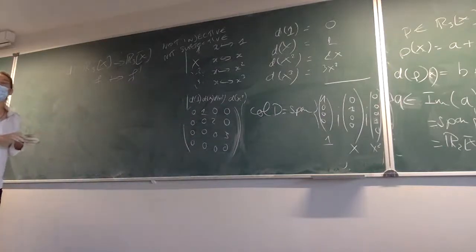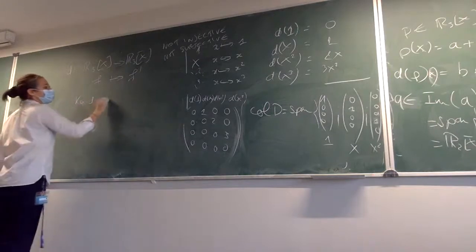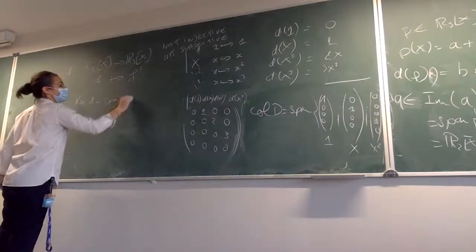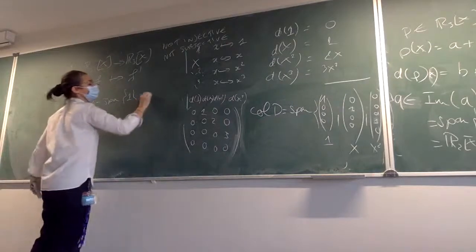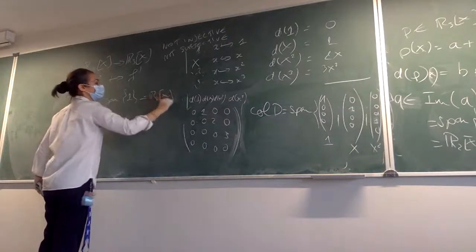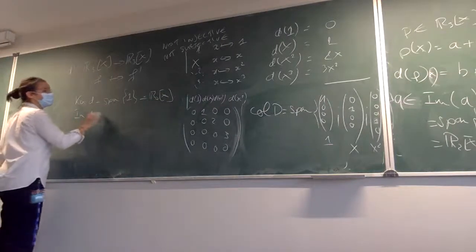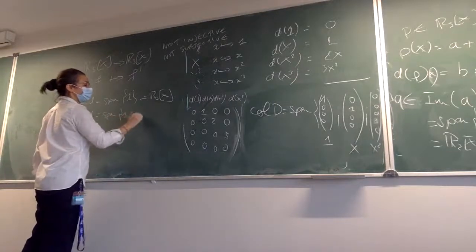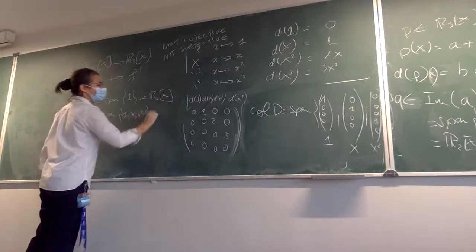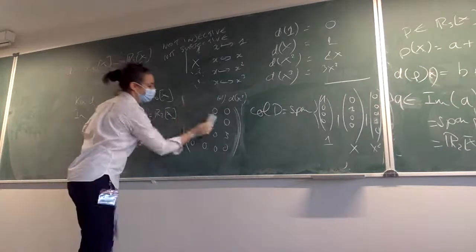So what we have found is that the kernel of D was spanned by constants, which I can also write R0[x], if you like notations. We have found that the image of D was spanned by 1, x, x^2, and that's actually R2[x].